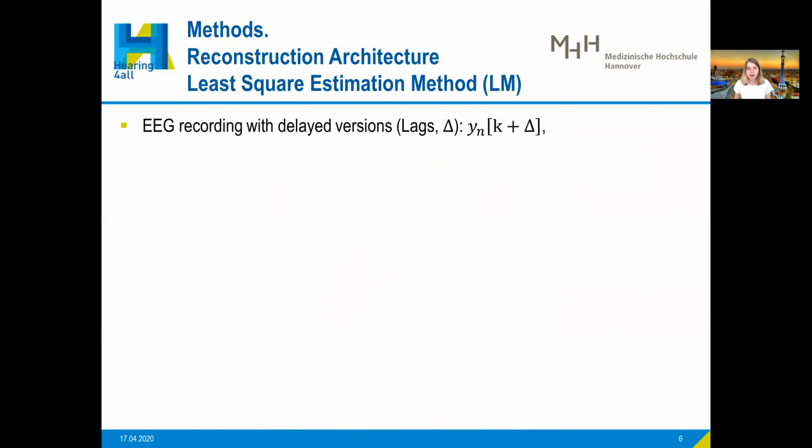So to reconstruct the audio, we use the least squares estimation method. As an input, we use EEG recordings with delayed versions, denoted as y sub n of k plus delta. k is a time sample, n is an electrode number, and delta defines a lag.